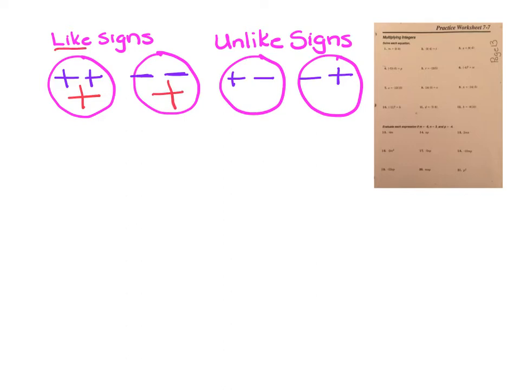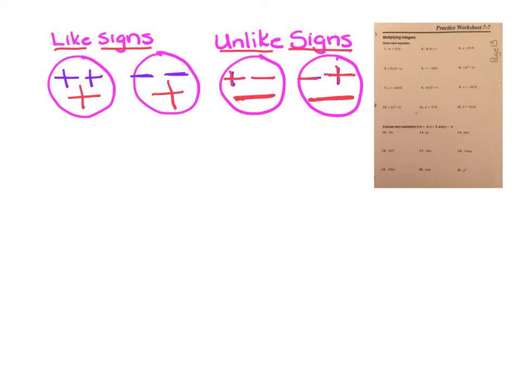That's multiplying like signs. But when you multiply unlike signs, when one is positive and the other is negative, or vice versa, we know that when you have different signs on each factor, you will get a negative result.